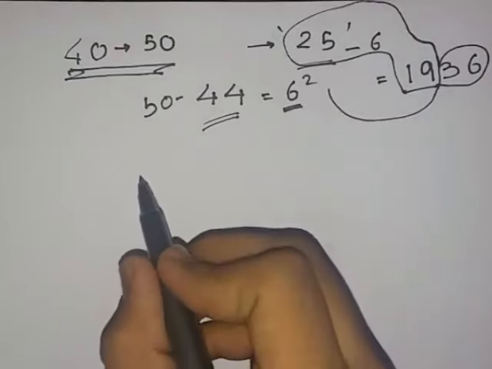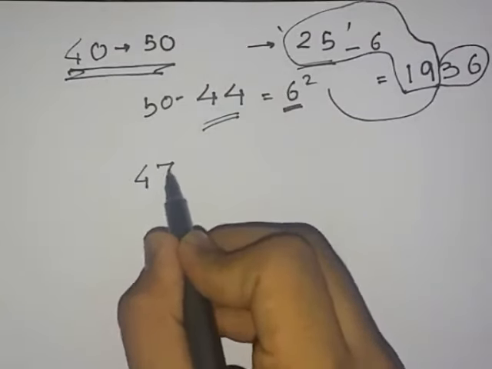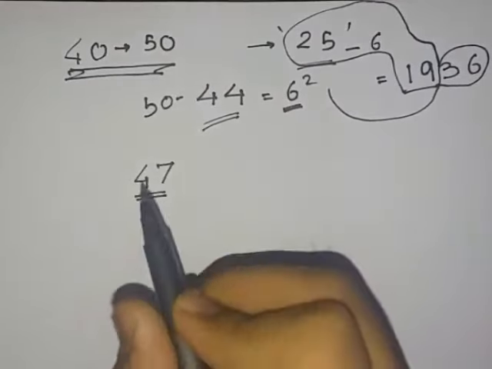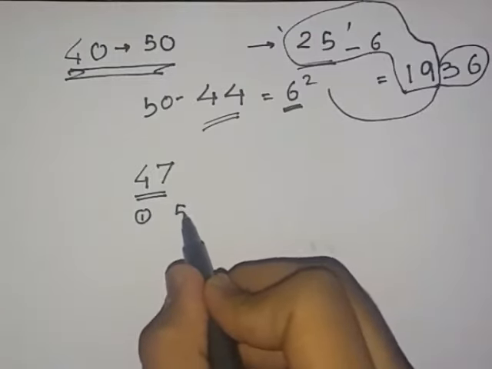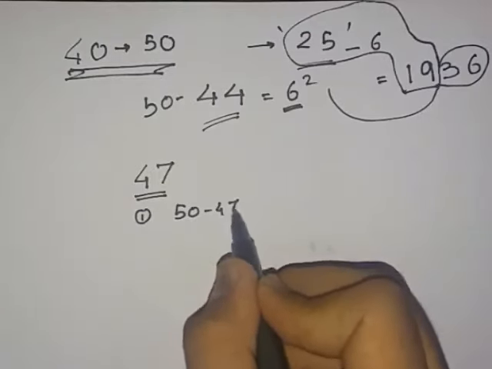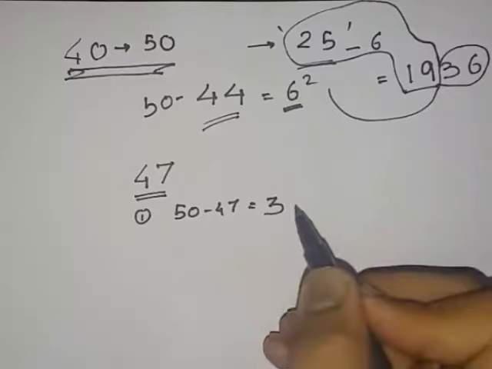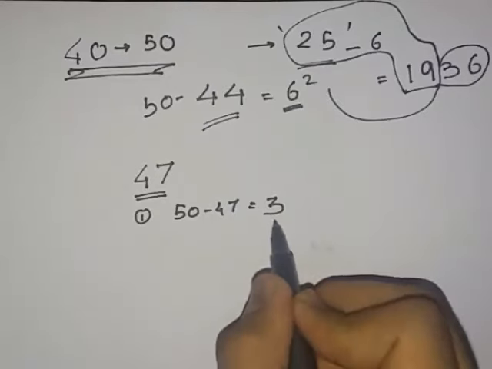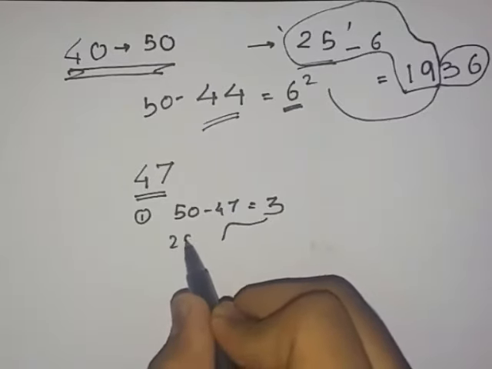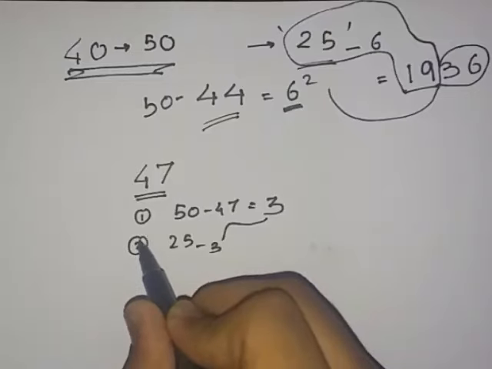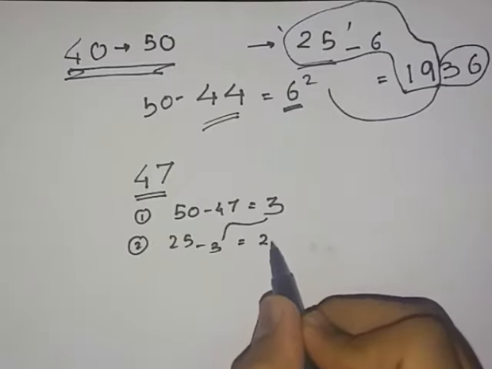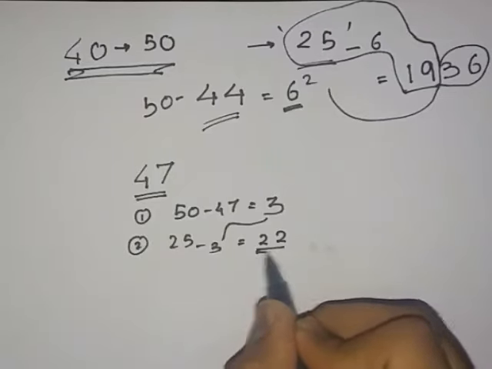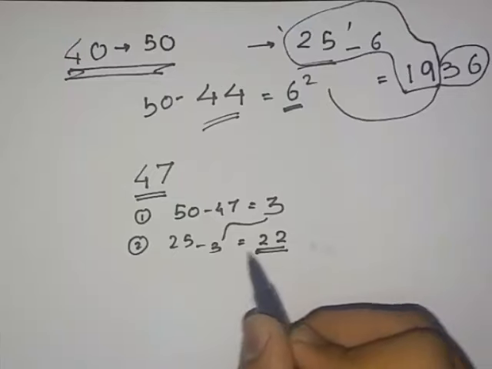Let's take another value for 40 to 50. Let's take 47. So the first step: 50 minus 47 equals 3. Then the second step: 25 minus 3 equals 22. These are the first two digits, 22.